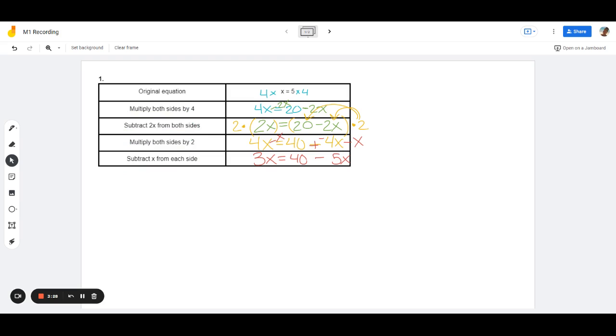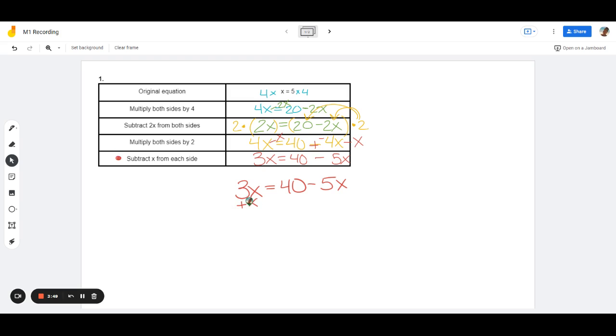So let's say now that we have this equation, 3x is equal to 40 minus 5x. Well, the first thing we want to do, we want to start all the way at the end, and we want to work backwards, right? So the first thing we want to undo is subtracting x from both sides. So instead of doing that, let's instead add x to both sides.